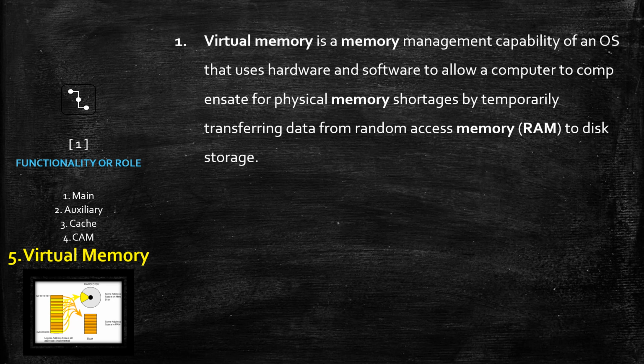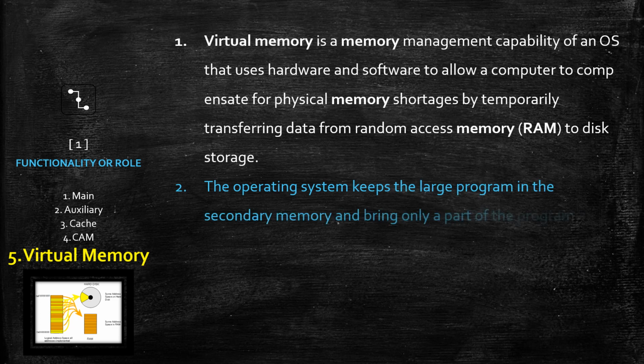We know there was a shortage of RAM, and by temporarily transferring data from RAM to disk storage, the operating system keeps the large program in secondary memory and brings only a part of the program into main memory, so we can work on that particular part.